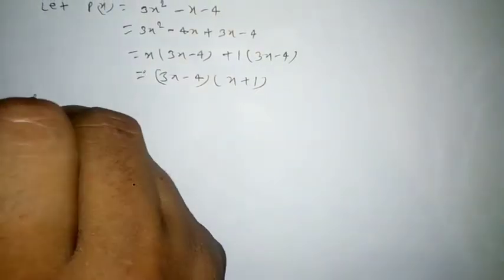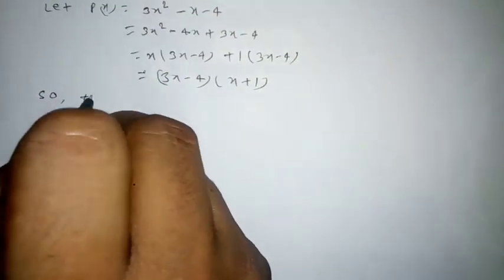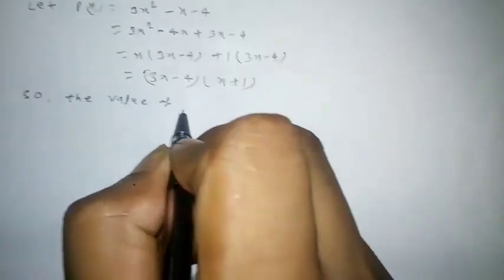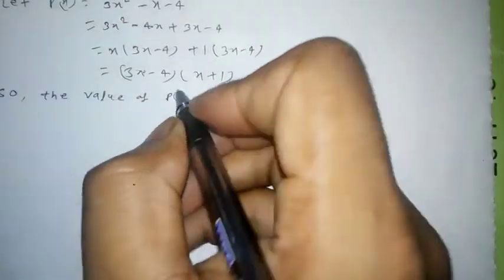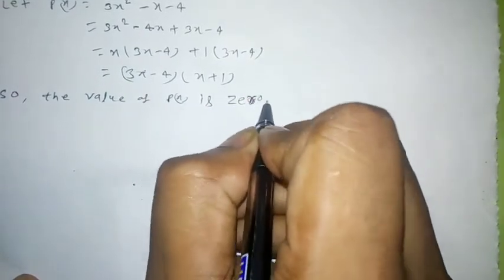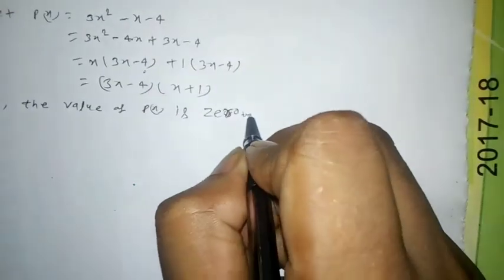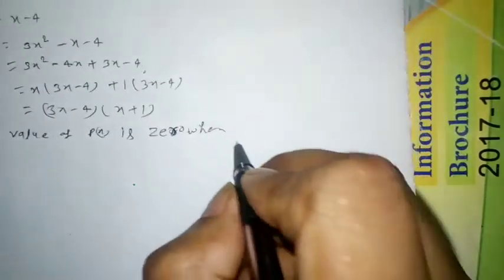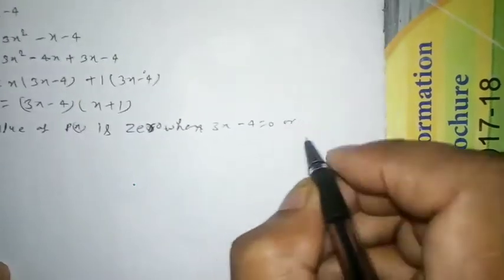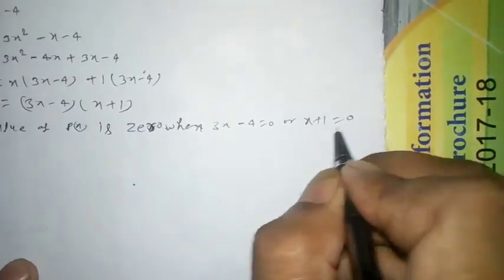So the value of px is 0 when 3x minus 4 is equal to 0 or x plus 1 is equal to 0.